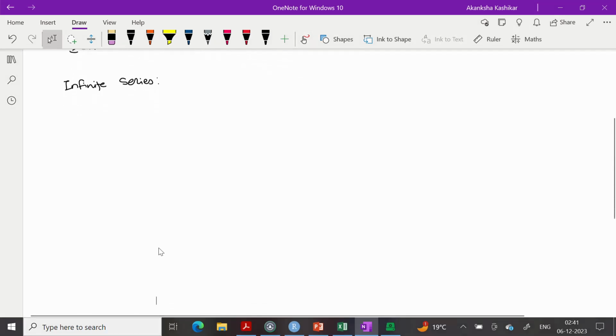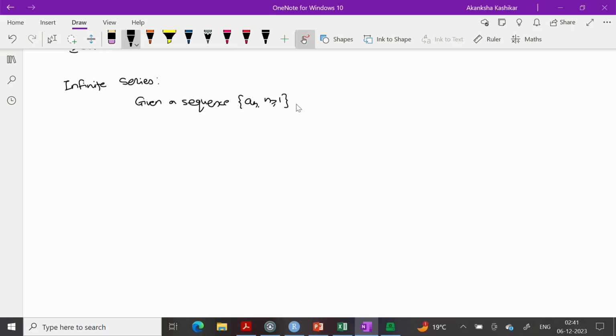So what is an infinite series? Let me write a formal definition. Given a sequence a_n, an infinite series is defined as an infinite sum.